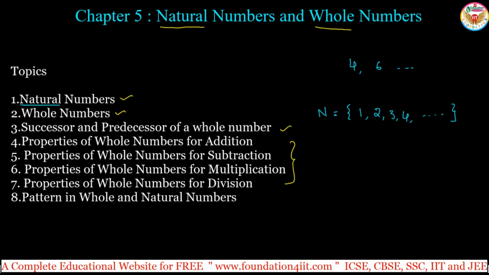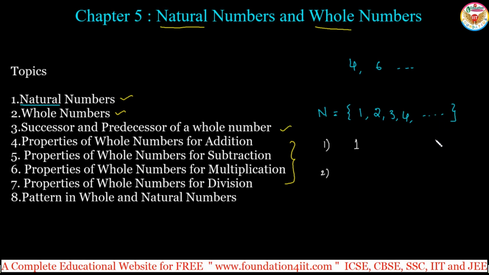And when you come to the properties, the first one is that the first and smallest number in natural numbers is 1. And the last and greatest natural number cannot be obtained because it goes on. For example, if you take 90 as the largest, then 91 will be there.